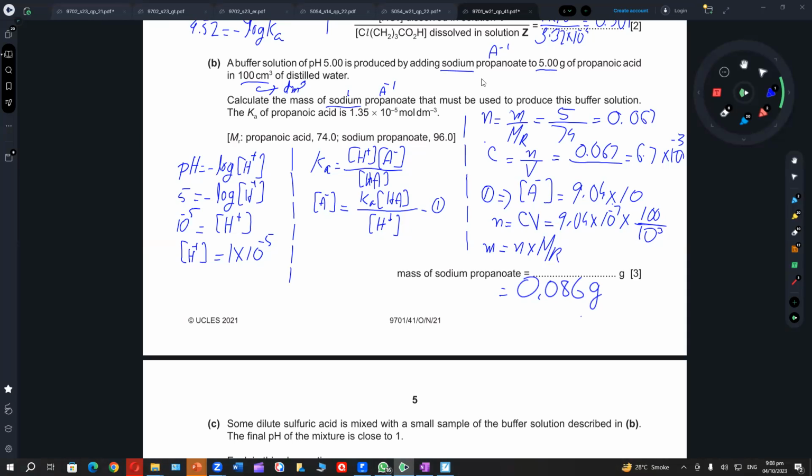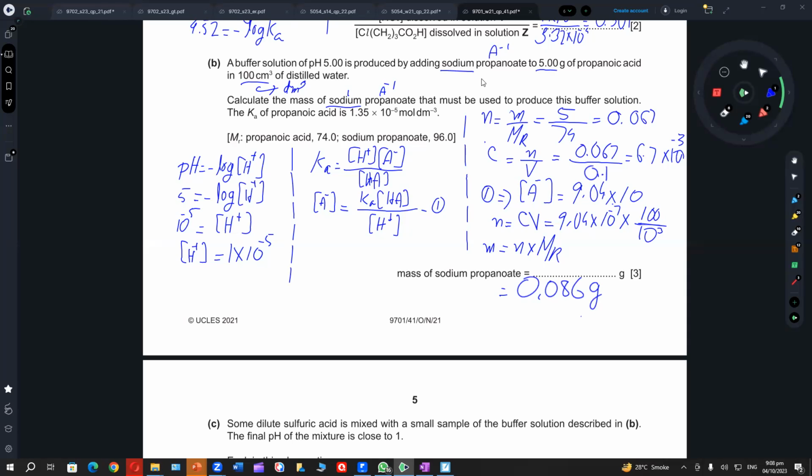What volume are you taking for calculation of C? Are you taking 100 upon 1000 now? 0.1? Yes. Check this calculation, 0.067 upon 0.1.